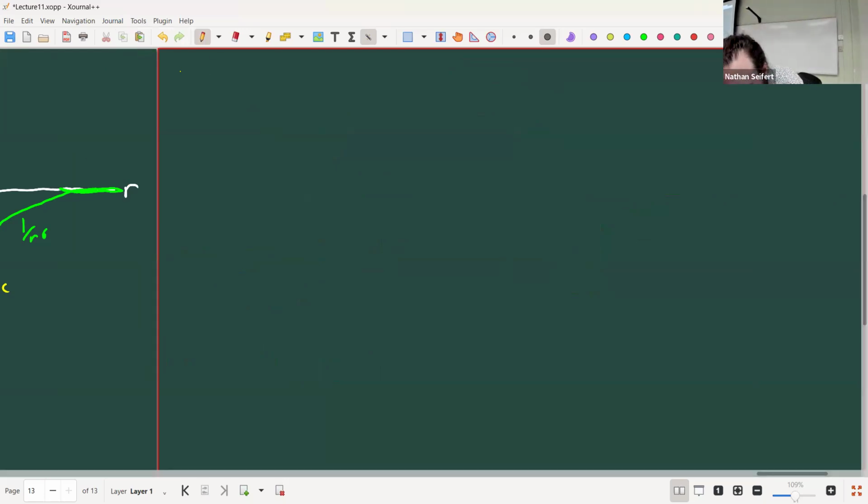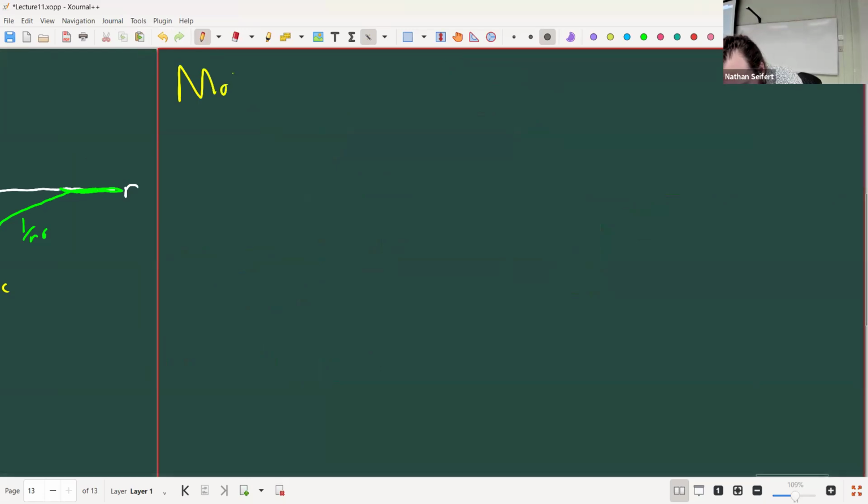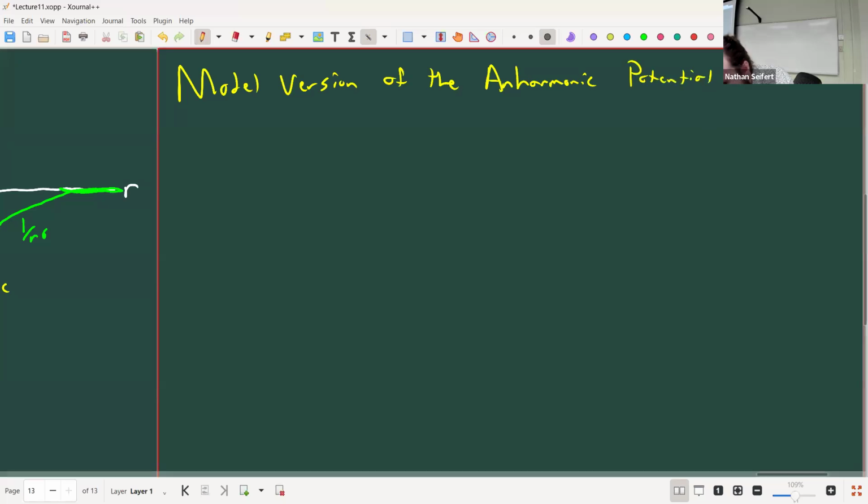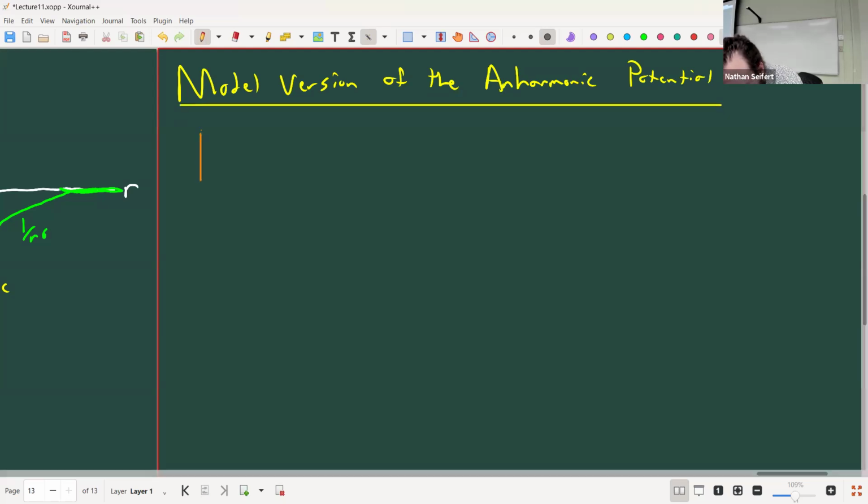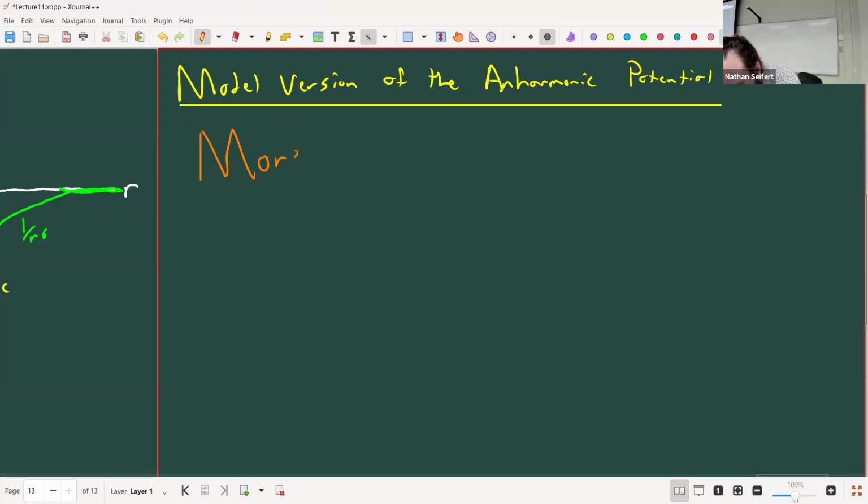A model version of this potential is named after its inventor, the Morse oscillator.